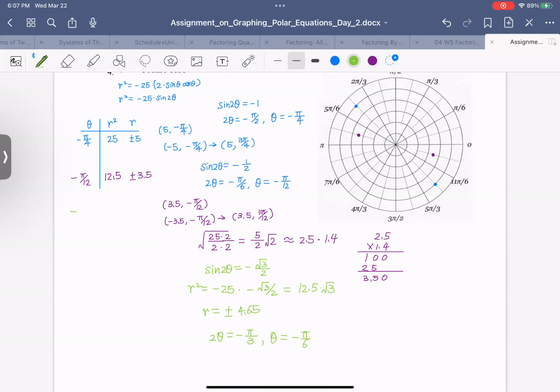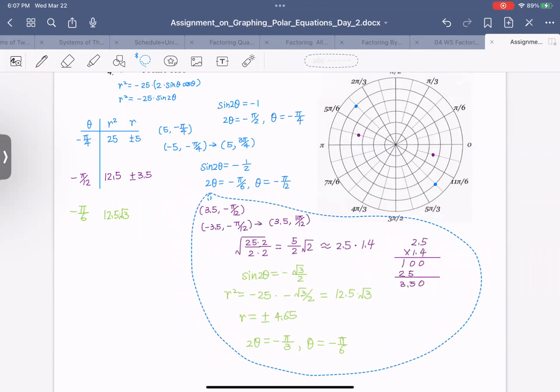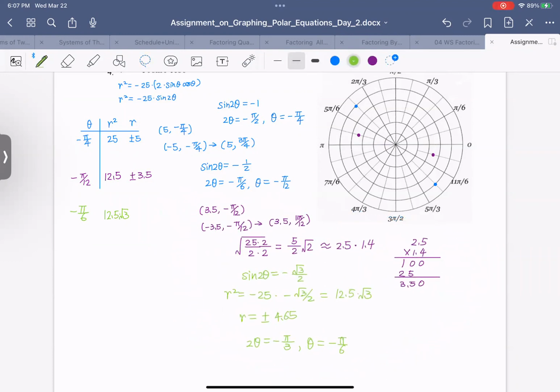So you do negative pi over 6, and then your radius, your r squared is going to be 12.5 times square root 3, so that you can write the r as plus minus 4.65.